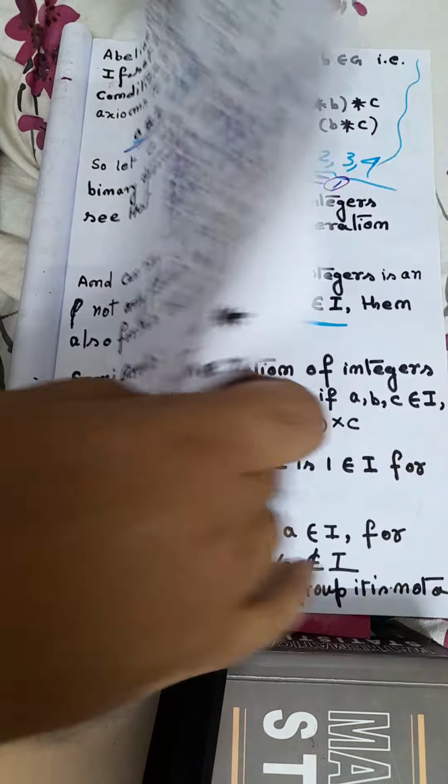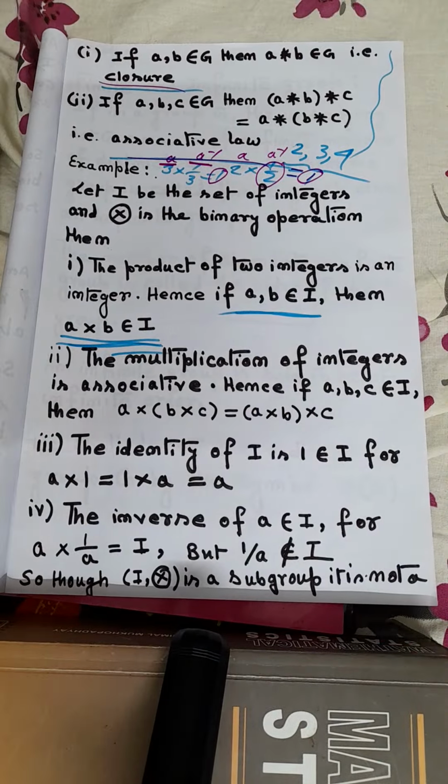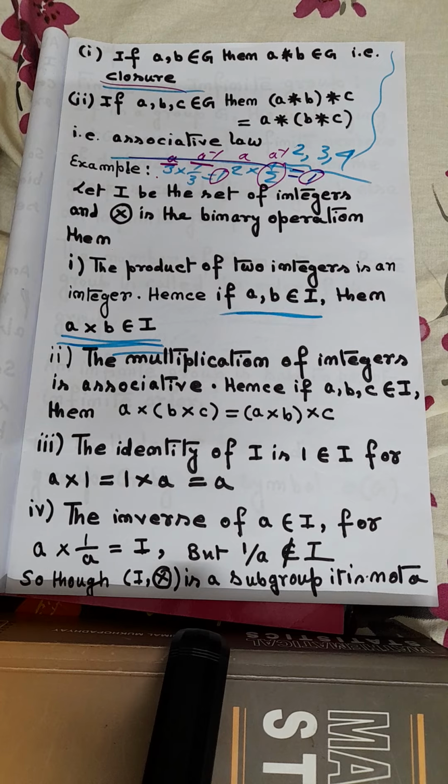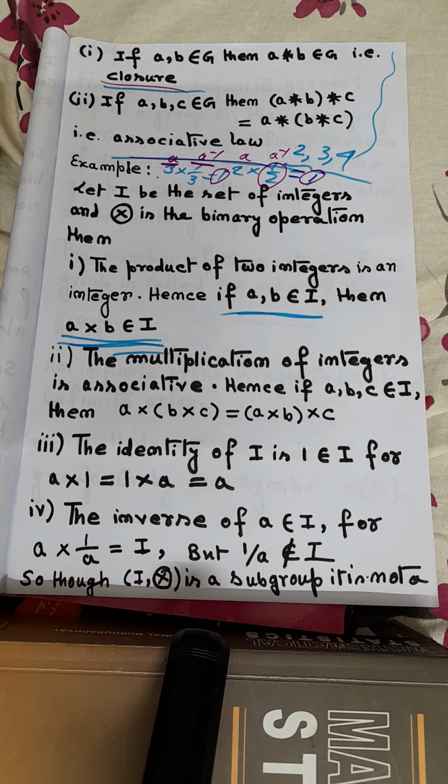For that, you have to go through what I have given you before consulting your textbooks. Go through this video once or twice or thrice, and then consult your textbooks. You will find group theory very easy, and you can secure all the 50 marks.